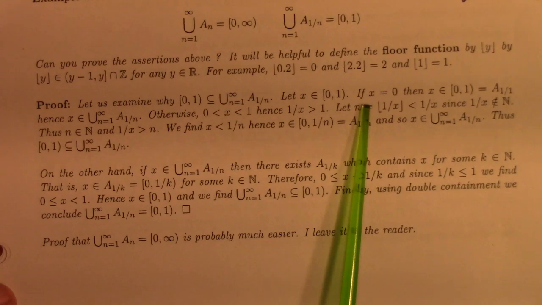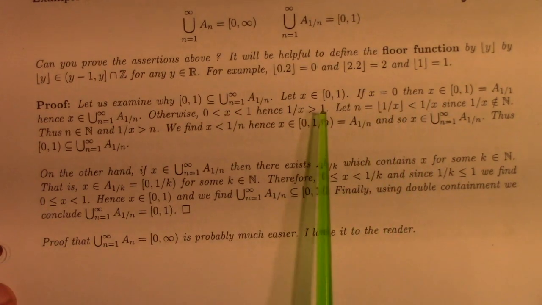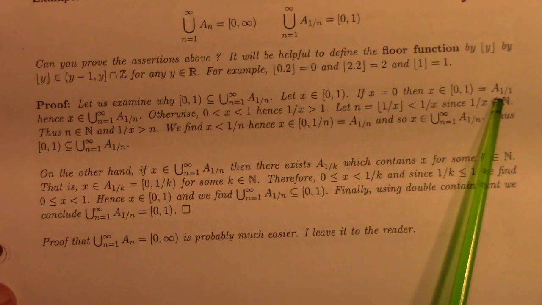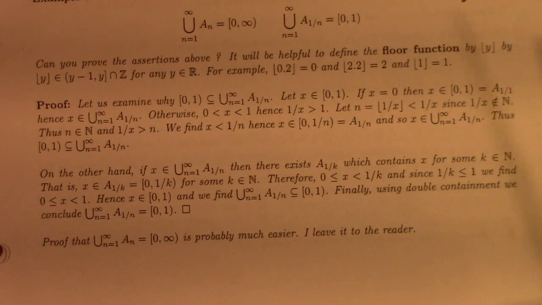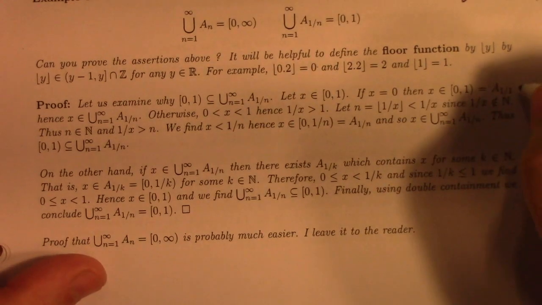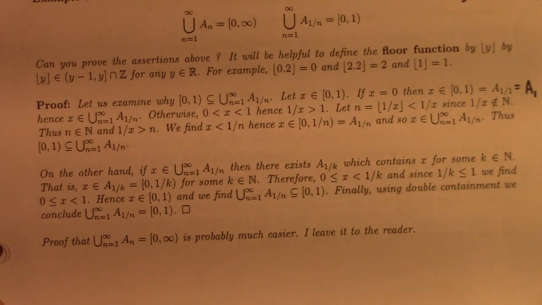Now if x is equal to 0, then clearly x is an element of 0 to 1. Well, 0, 1 is equal to a sub 1, 1 over 1. What I really should say there is just a sub 1. Hence, it is in the union.